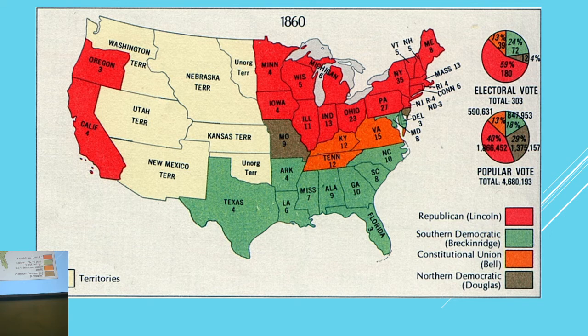Popular among the places that had been the supporters of Whigs, Virginia, Kentucky, Tennessee. Another place that had Whigs was coastal South Carolina, but there it becomes Democrats. And then the only place that supports Stephen Douglas, who is the heir apparent, is Missouri. Okay, so it's an astonishing upset.